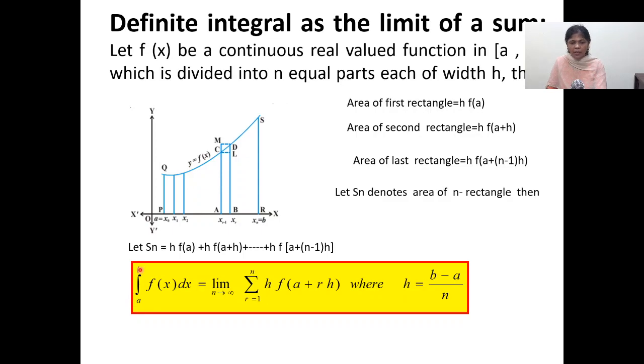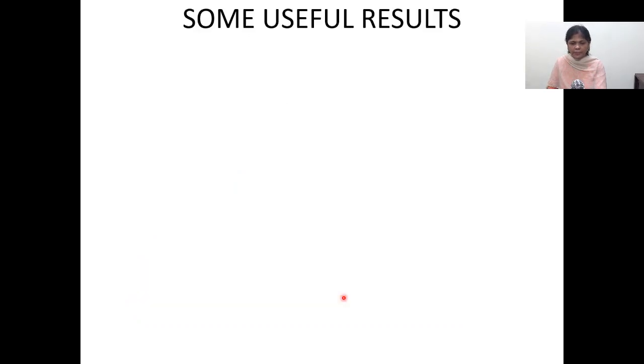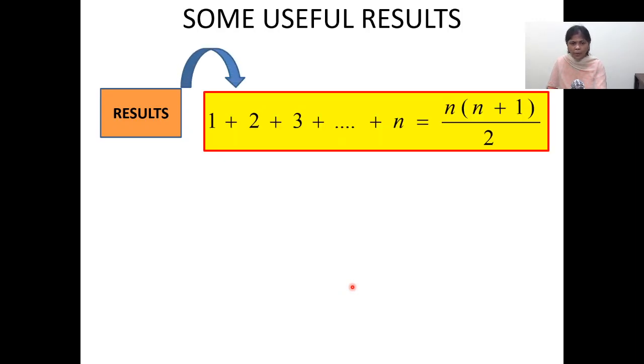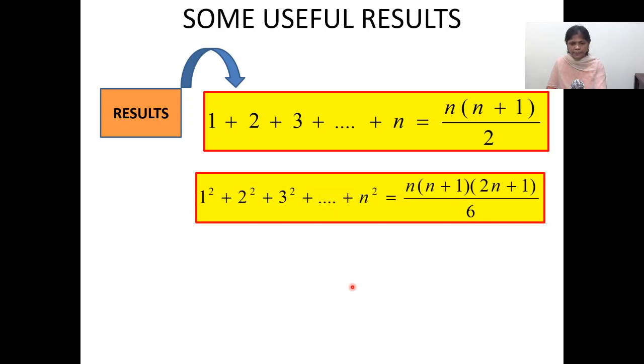Therefore, the integral from A to B of f of x dx is the limit of such sums. Using this, we have some useful results which we'll use later on as and when required. So just remember these results.